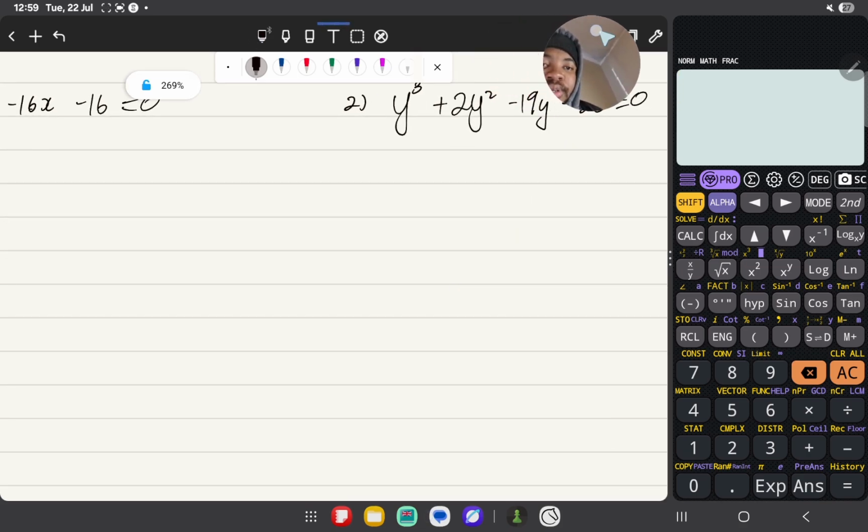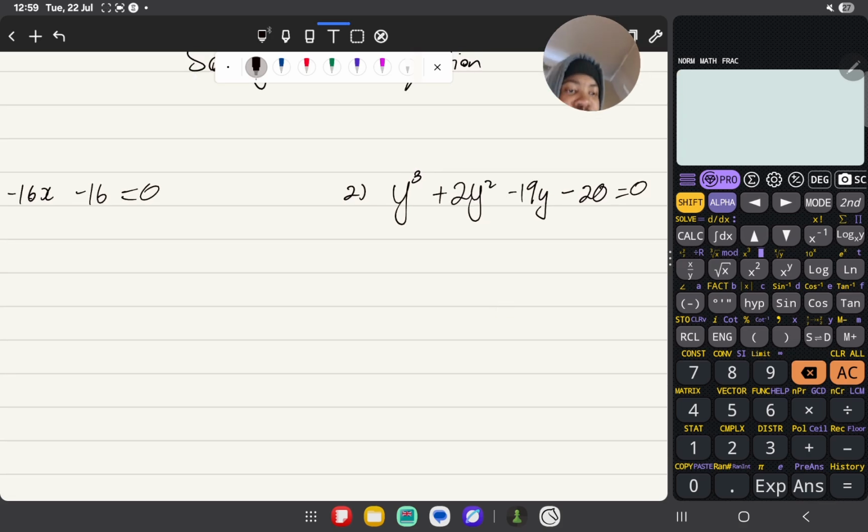For this one, cool, plus 2 minus 19. Cool. For this one, let's go 1, not working, 2.